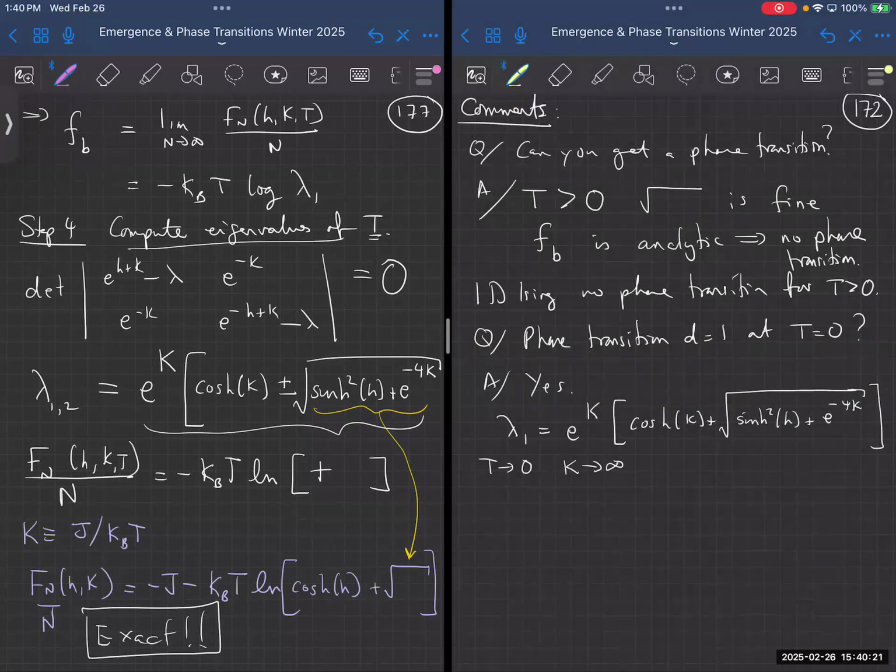is negligible. And so then I say, well, lambda 1 is equal to e to the k times cosh h plus the square root of sine squared h. What's the square root of sine squared h? Sine h. Okay, right?